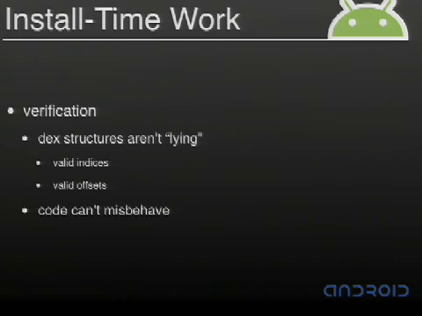So one of the major things we do is verification of DEX files. And what this means is that as a type-safe, reference-safe runtime, we want to ensure that the code that we're running doesn't violate the constraints of the system. It doesn't violate type safety, doesn't violate reference safety.